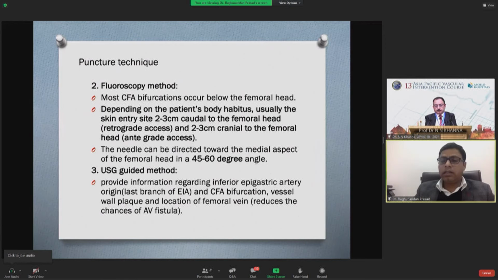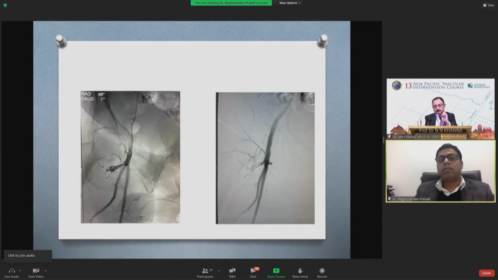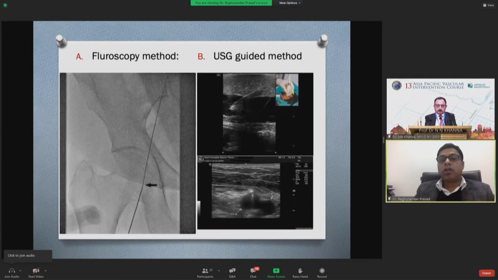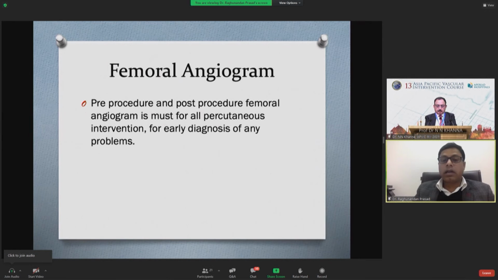Like in the previous case there was one variation, we can see the bifurcation was a little higher up, or sometimes we may have an anterior femoral vein. All these things can be evaluated very nicely by ultrasound, which can save us from future complications. So these are the images for fluoroscopic and ultrasound guided puncture.